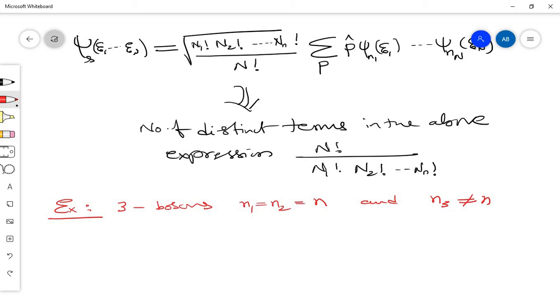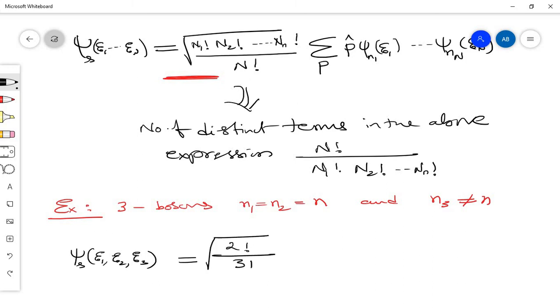So in that case, this is the formula we need to use here. The symmetric wave function of 3 bosons 1, 2 and 3 is equal to: n1 is occurring 2 times, that is 2 factorial, divided by the total number of particles, 3 factorial. n3 is occurring 1 time only, that is 1 factorial; you don't need to put it, or you may if you wish.